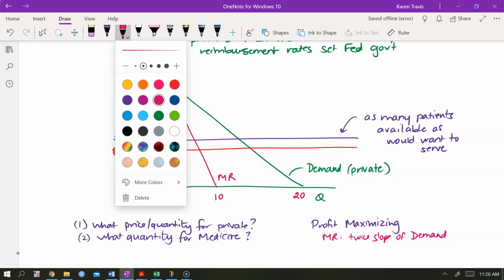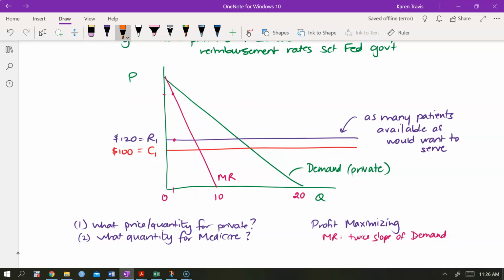Now, if I'm going to serve the next patient, the marginal revenue of the next patient is lower, but the marginal revenue of the next Medicare patient is the same. Continuing on, this marginal revenue of a private patient is higher than this marginal revenue, which is always the same for Medicare.